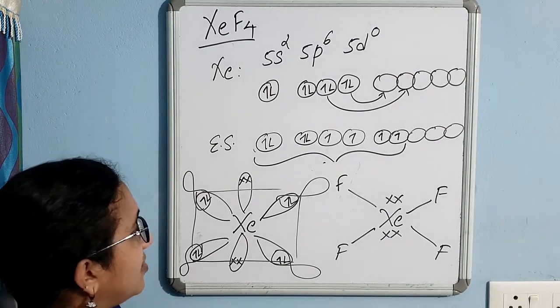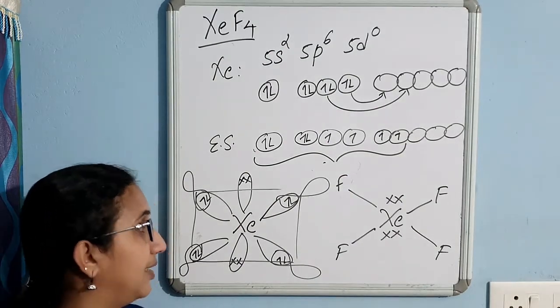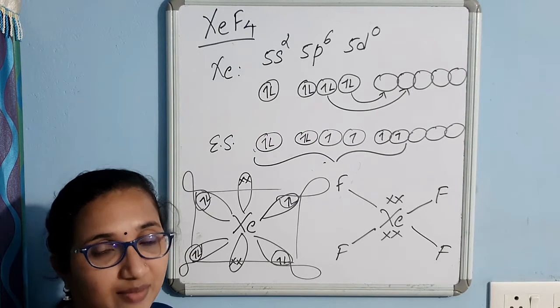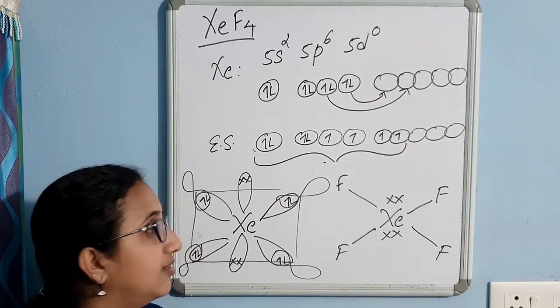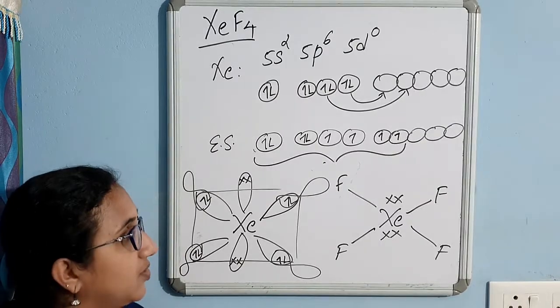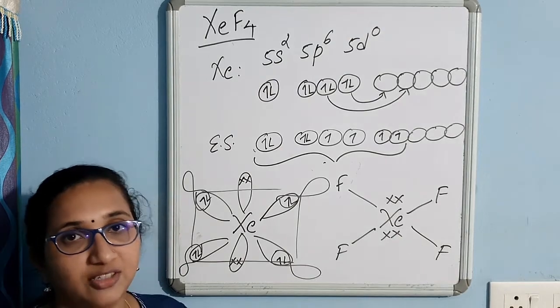So because of the presence of 2 lone pairs, the xenon atom with 6 hybrid orbitals would deviate from the expected octahedral geometry to square planar geometry. So we will have 4 bond pairs and 2 lone pairs with square planar geometry.